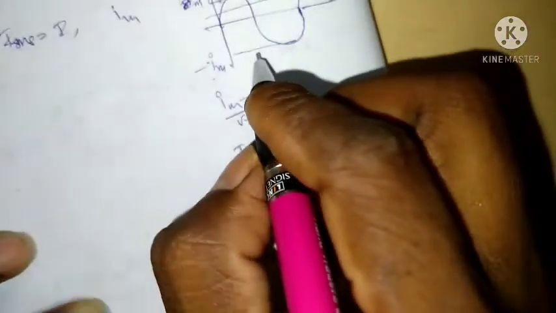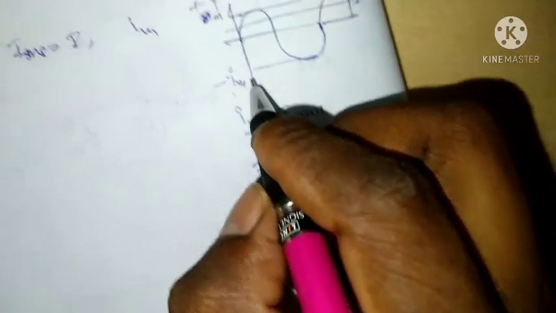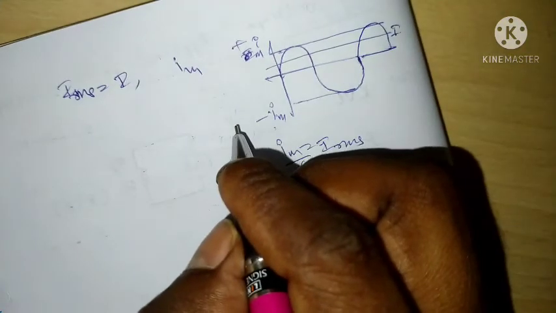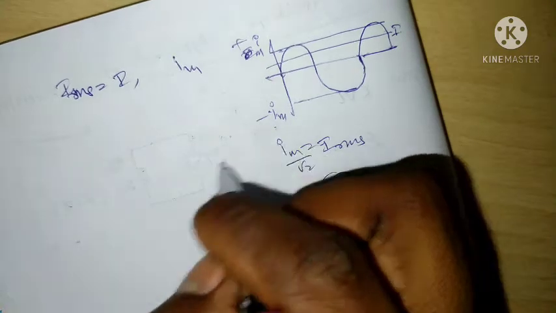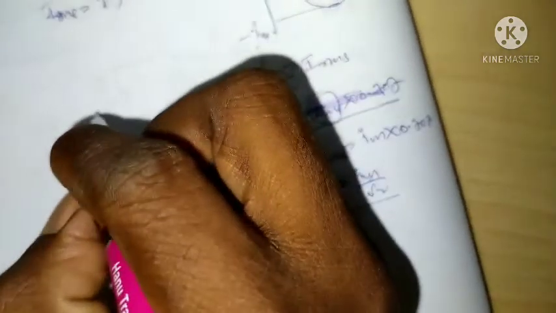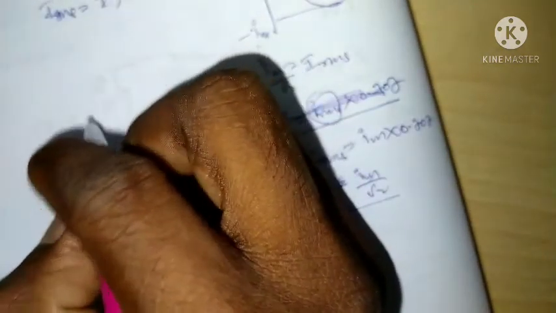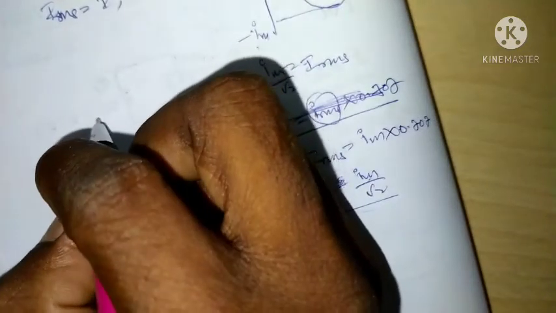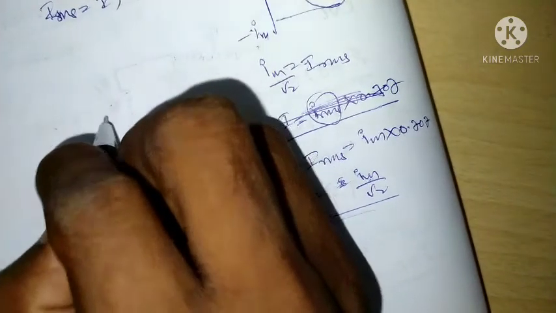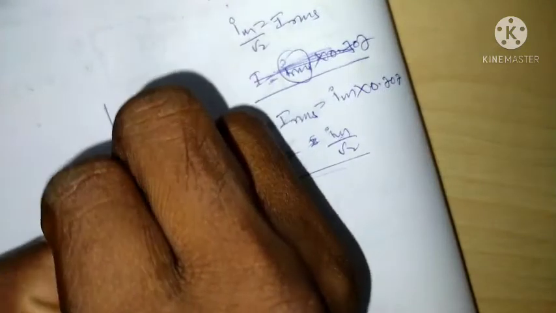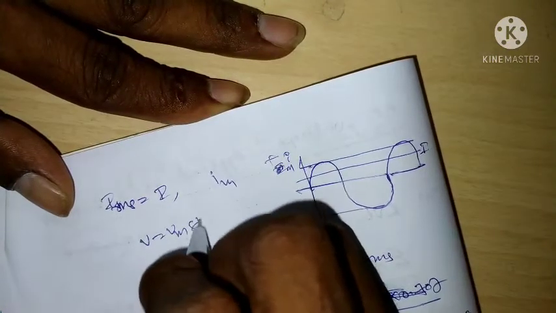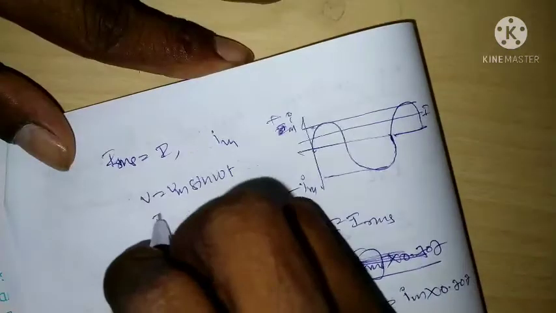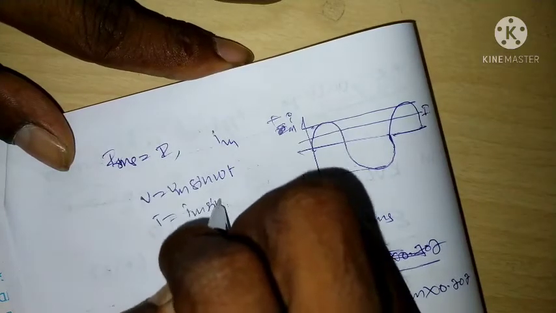This is the relation between the maximum current and the RMS current, from the graph. Okay, we can discuss the AC phase diagram between AC voltage and AC current. We discuss the phasor, which is a vector. According to the formulas, V is equal to Vm sin omega t and I is equal to Im sin omega t.